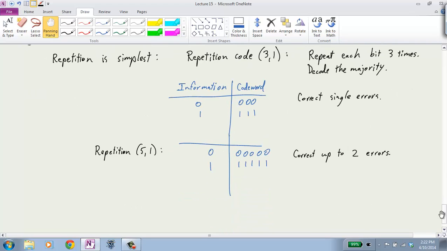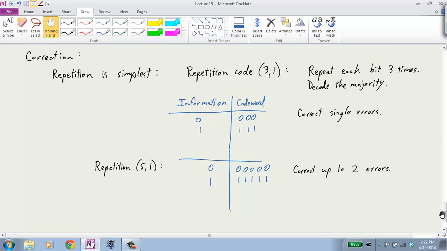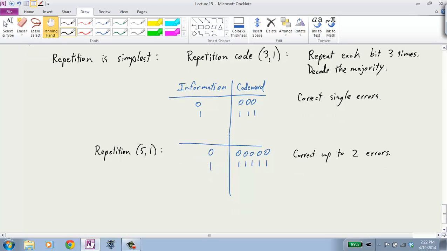Now these codes are not that wonderful, because if you really want a lot of error correction, you get to very low rates. Here, the rate would be the amount of information divided by the total, so this would be a rate of 1/5 of transmitting information. And so there are more interesting codes.